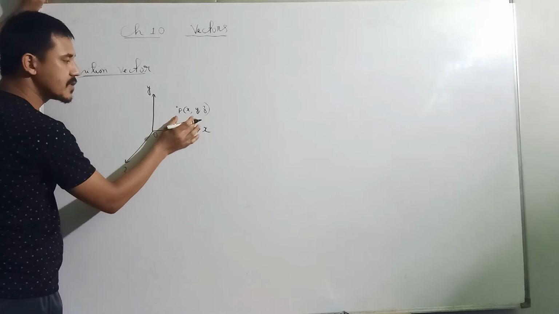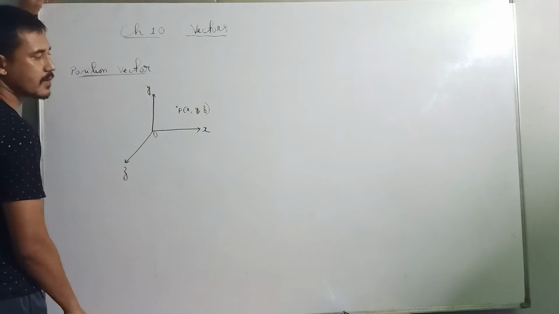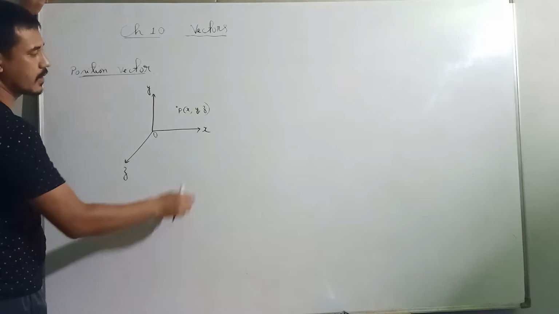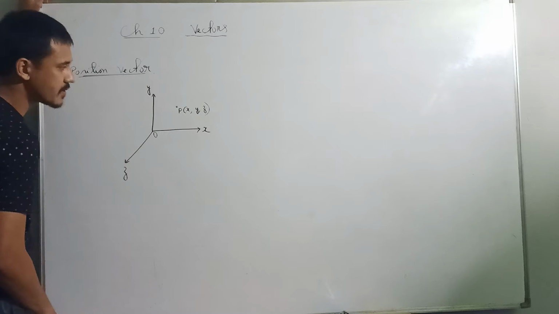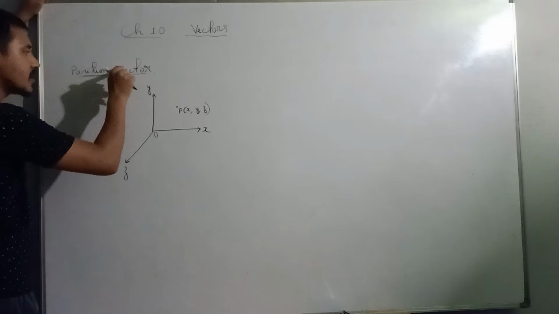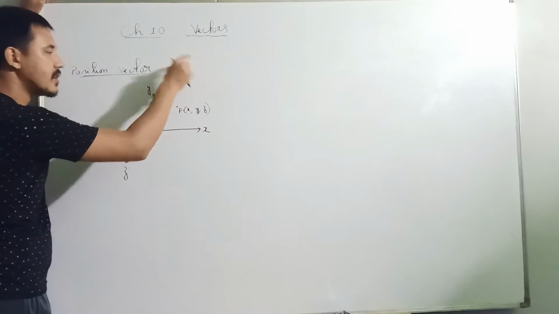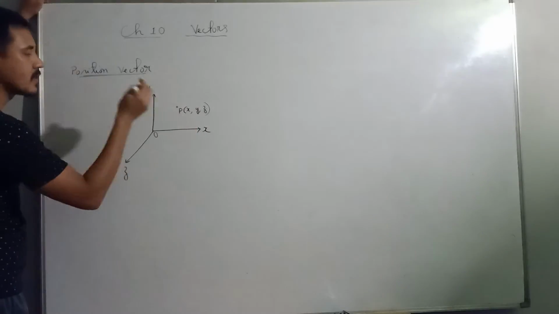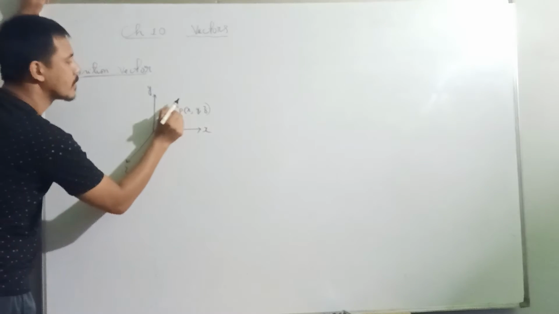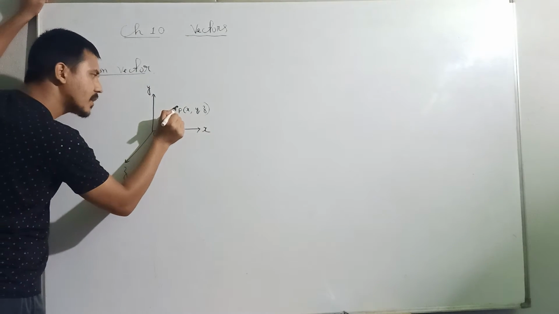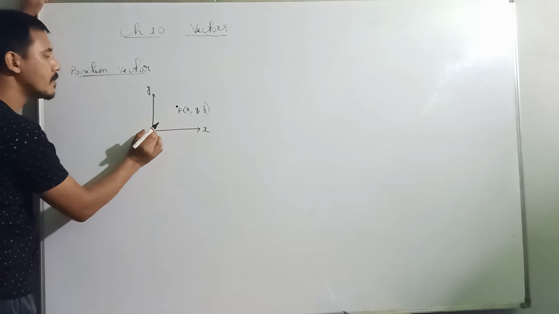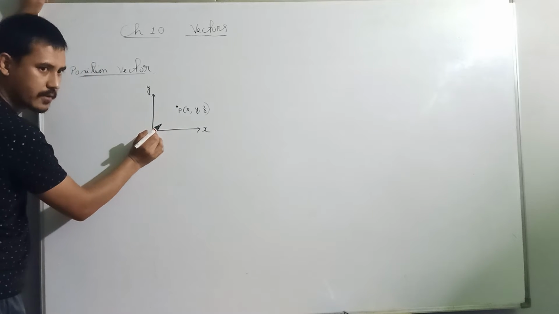Considering a point P in space, its coordinate is given by x, y, z. Of course, x, y, z could have been any values; in general, I have just written x, y, z. That is the coordinate of P. Then the position vector of P is defined as the position of this particular point P when measured from the origin.